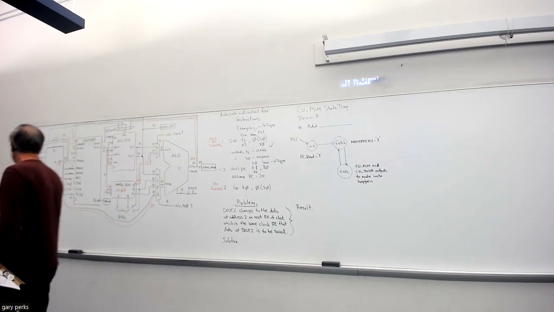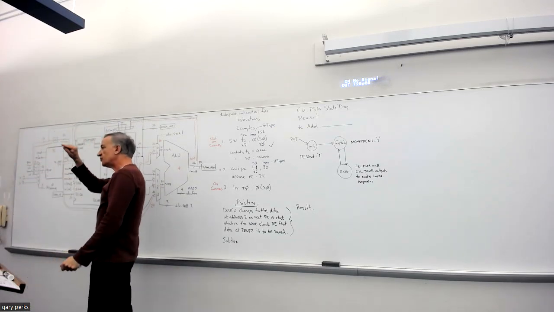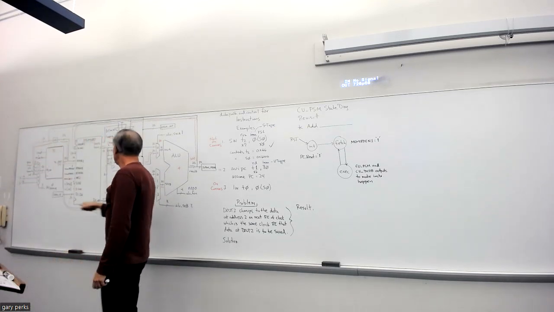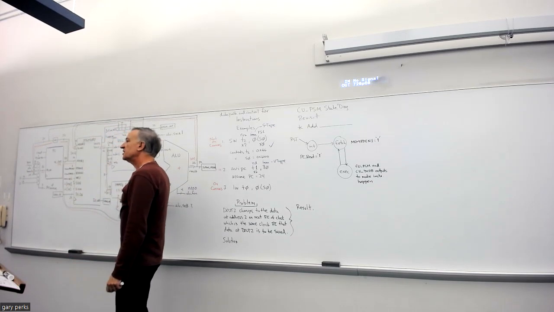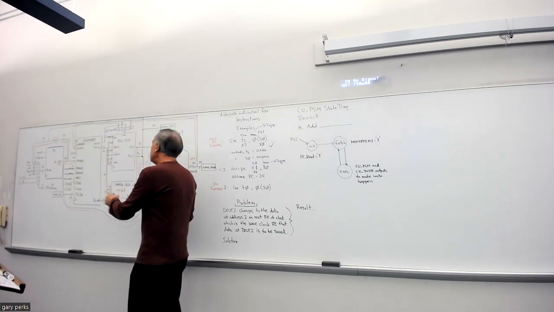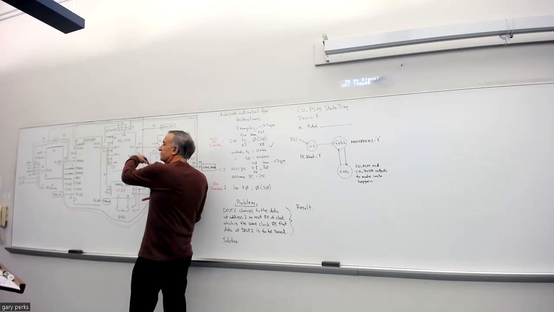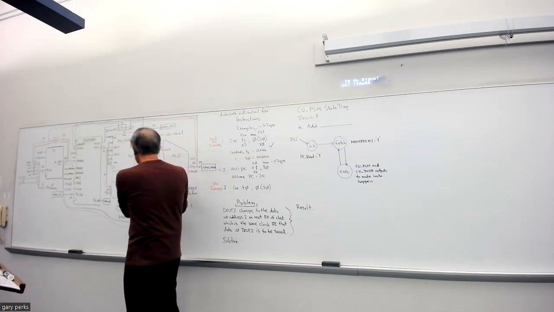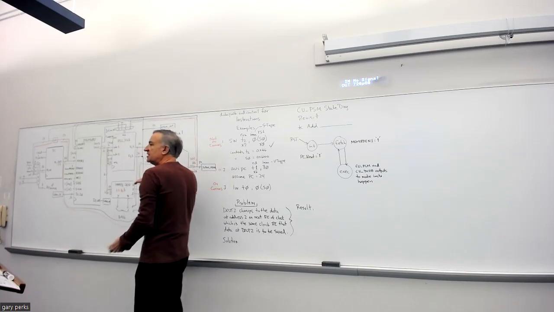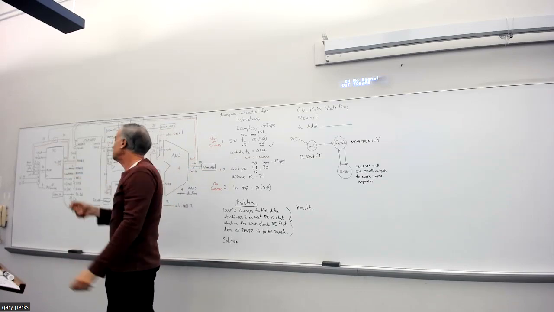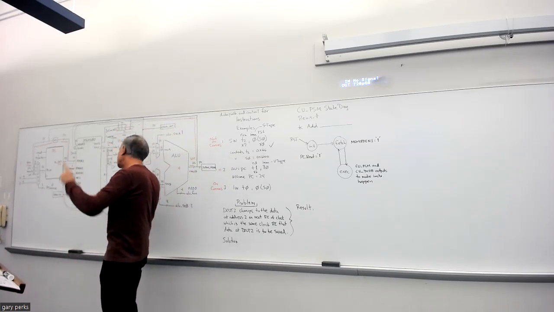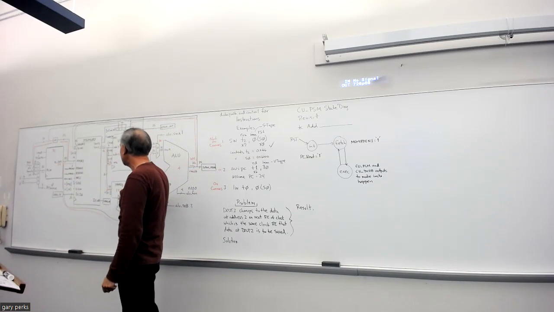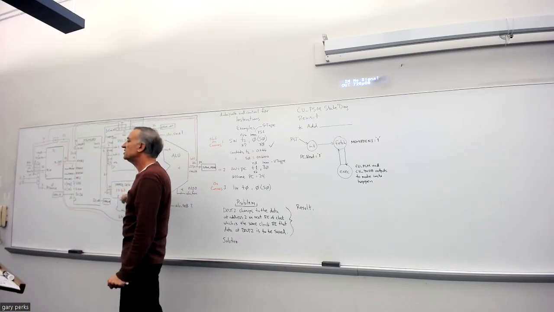If you were to look at LUI, load upper immediate, you would see the same thing. With load upper immediate, you're not adding it to anything; whatever you have here directly goes to the ALU output. The difference here is you're adding what's here to the PC. That's really the only difference between these two. I'm glad you asked that question because I wanted to point it out again. Yeah, the 12-bit shift happens here.